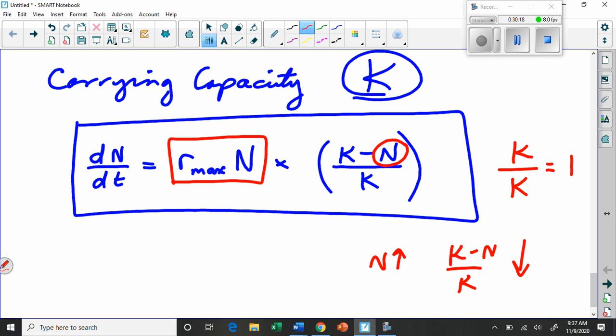So it might be 0.5 or 0.7 or 0.6, which effectively means when you multiply by a fraction, this gets cut a little bit, doesn't it? It gets reduced by this factor. So this is a reducing factor based on the numbers in the population and the carrying capacity that helps us understand that the closer you get to the carrying capacity, the less exponential and continuous your growth will be, and the more uppy-downy around that carrying capacity it will become.